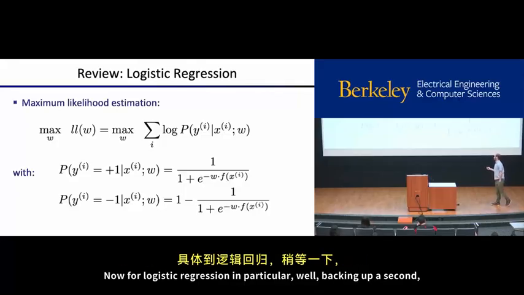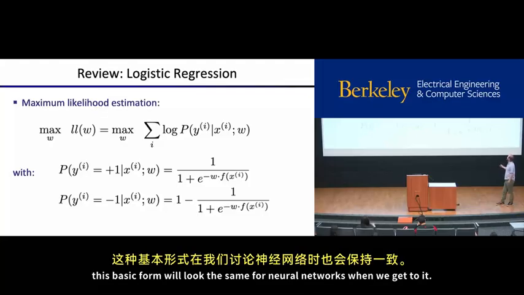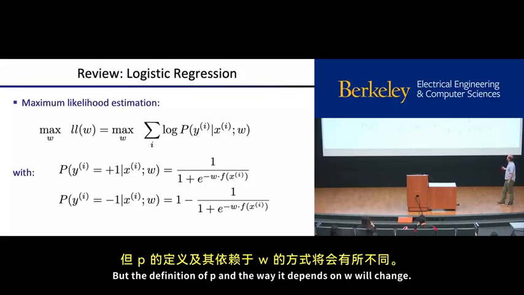Now for logistic regression in particular, backing up a second, this basic form will look the same for neural networks when we get to it, but the definition of P and the way it depends on W will change.